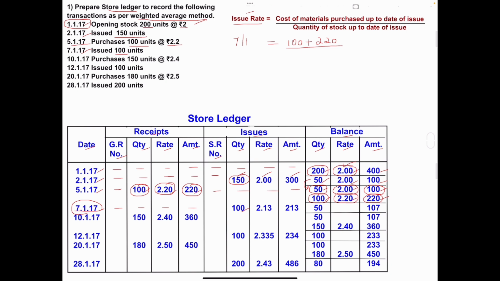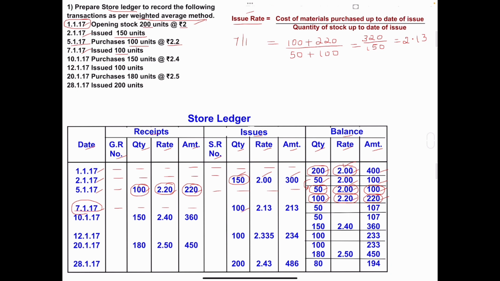We have two different quantities, that is 50 and 100 units. 100 plus 220, that is 320, divided by 50 plus 100, 150. Calculate this. Issue rate is 2.13.